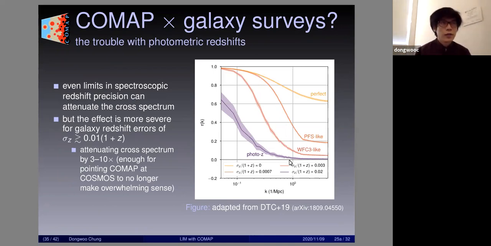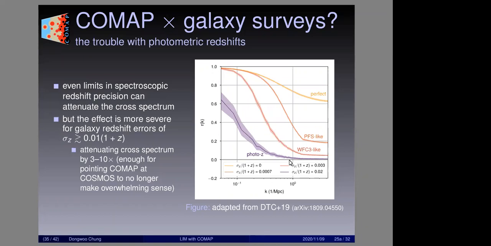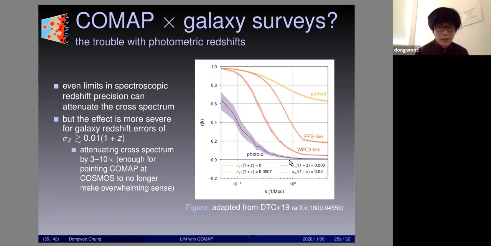There will be some discrepancies between CO redshifts and optical galaxy redshifts, if only because you expect some level of systemic offsets between different gas and stellar components in a given galaxy, apart from resolution limits as well. But those kinds of errors aren't going to wipe out your cross spectrum. There's going to be some attenuation at the finest scales, but by and large, the large-scale clustering cross-correlation is going to be well preserved.